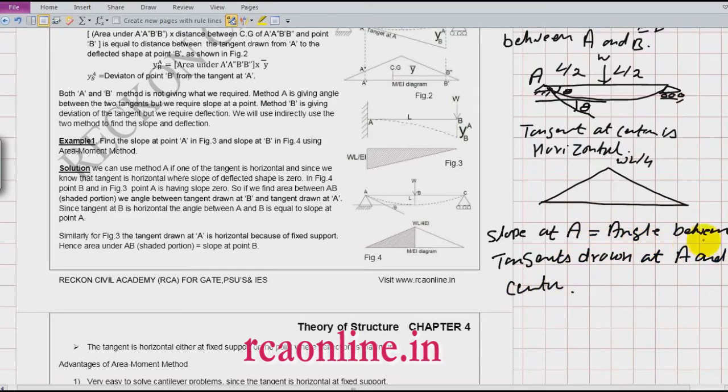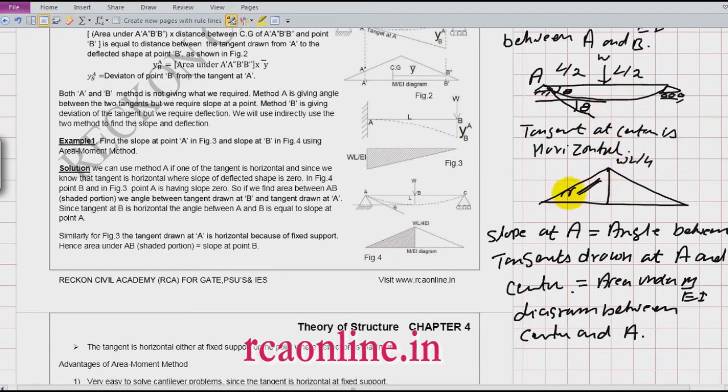Now this angle will be equal to the area under the M over EI diagram between the center and A. So if I find this area, then that area will be the slope, which is theta A. So let us find this area.